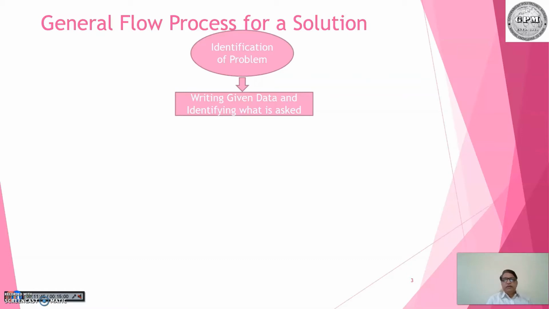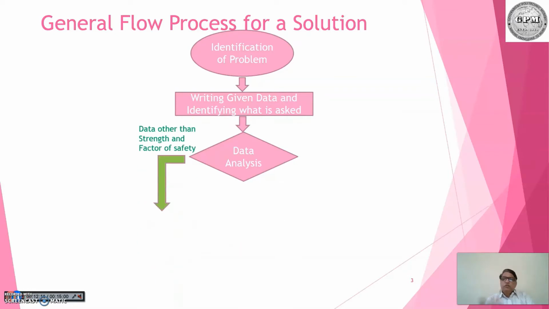If you are writing dimensions in millimeters, then you have to convert to millimeters. Whatever units are on the left side of the equation, the same should be on the right side. You have to remember that. And if some data are missing here, in that case we have to assume the data. The given assumption also we have to make.